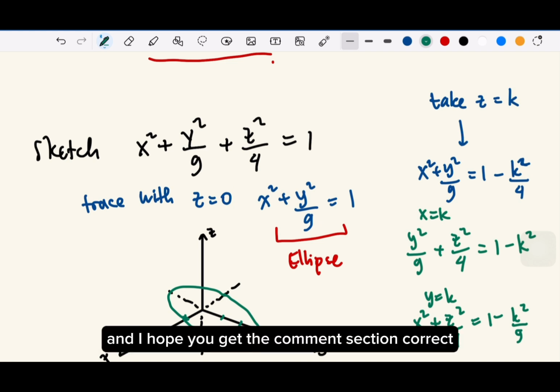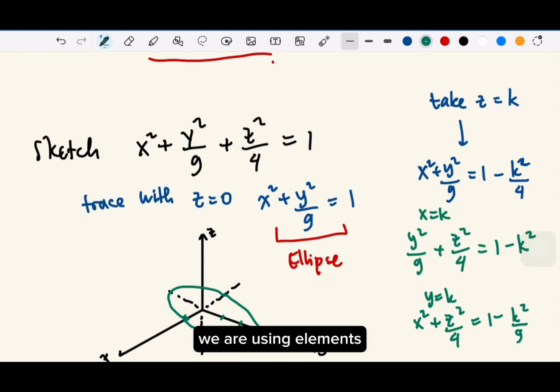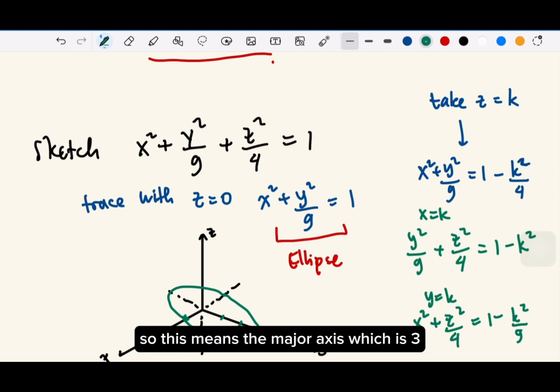Okay, I hope you get the conic section correctly. So I hope you know the idea of conic sections, and we are going to use that. In this case, we are using ellipse. So this means the major axis, which is 3. This means the minor axis, which is 2. So 3, 2, so we are going to start with that.